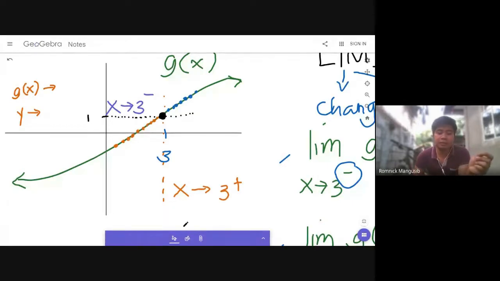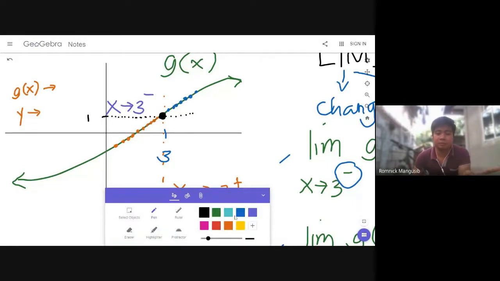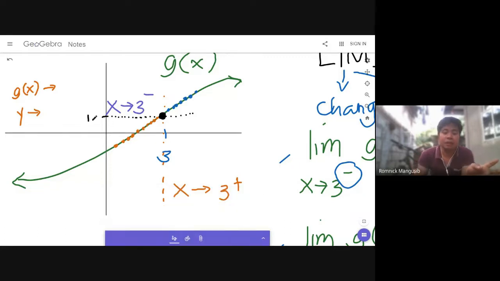Class, we are just referring to the behavior of y when we talk about limit. Tingnan nyo ang nangyayari. Di ba paakyat? Habang nilalapitan mo ang x, ang 3, lapitan mo ang 3, sabi niya, from the left. Ano ang nangyayari sa y? Y is vertical, x is horizontal. Take note of that. So, ibig sabihin, di ba paakyat siya?